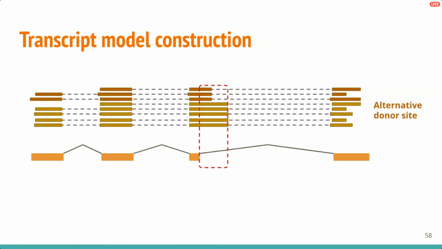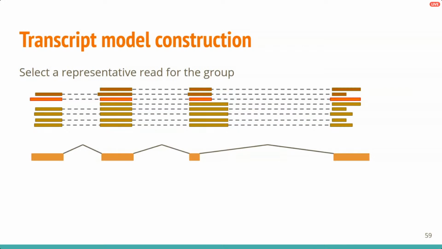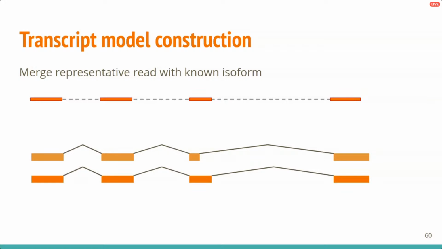Again, we select a representative read that has the best coverage. For example, this one. Again, we merge this read with the annotated isoform, correcting only the modification site. So we have a copy of the orange isoform, but with another modified exon.